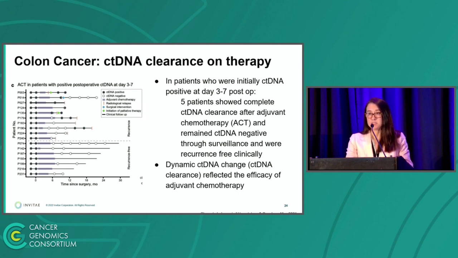They went on adjuvant chemotherapy, they were tested again, and they were negative, so they cleared their ctDNA. And all 5 of those patients continued to be ctDNA negative over almost 2 years and were still relapse-free at the time they collected the data.